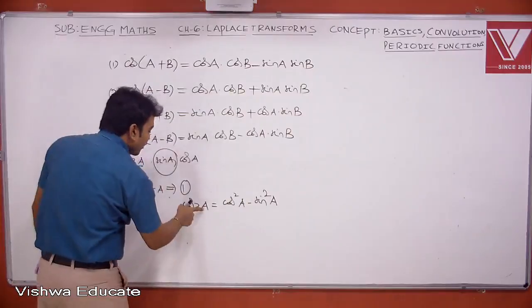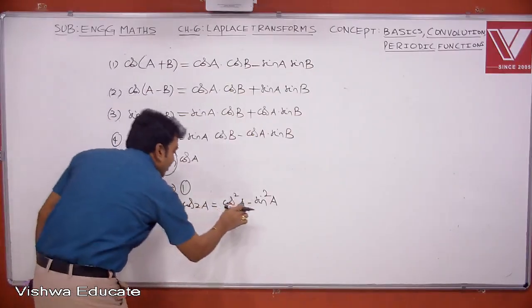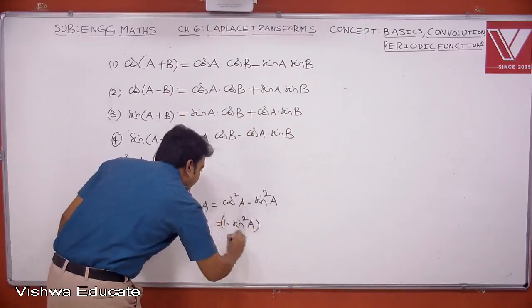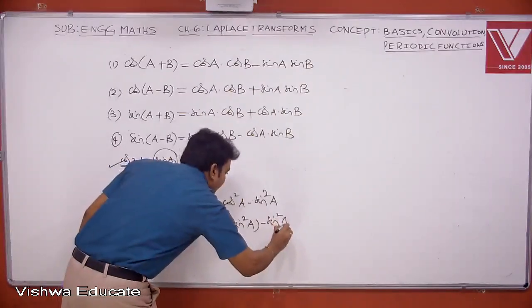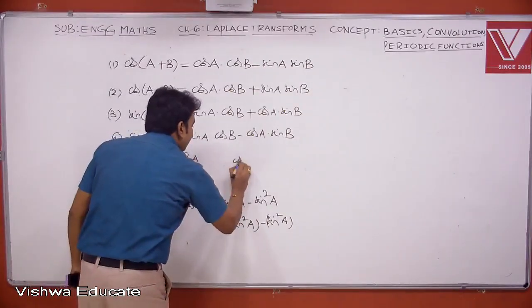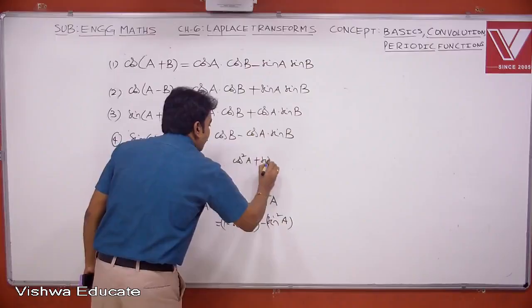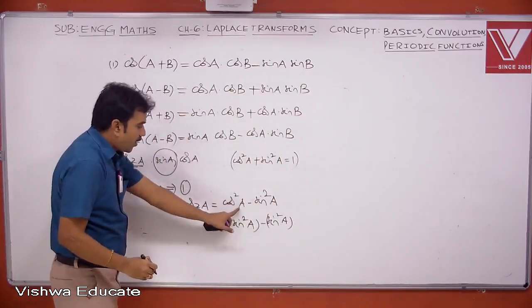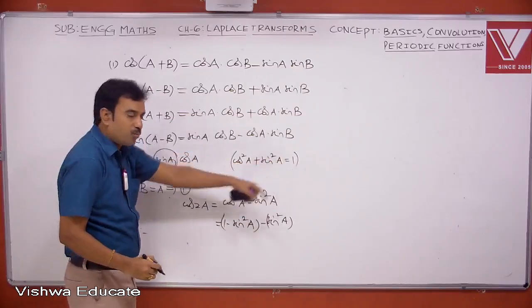If I want the result only in terms of sin a, then this cos square a is replaced by 1 minus sin square a. So this is 1 minus sin square a minus sin square a, because cos square a plus sin square a equal to 1. Therefore cos square a is nothing but 1 minus sin square a.